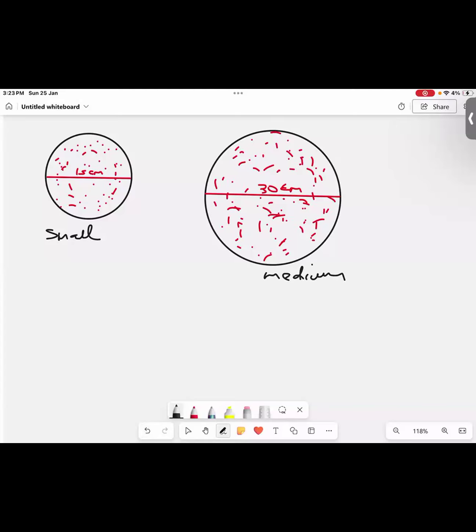Just by looking at it, do you think that a medium pizza is twice as large as the small one? If you were to guess, what would you do? If you go to Domino's or Pizza Hut, based off the information that is there, it looks like it's 2 times.